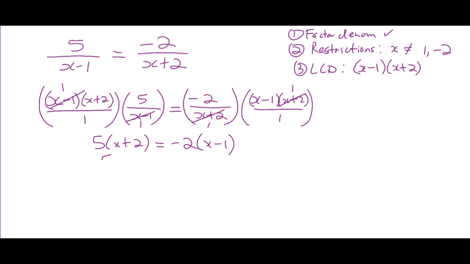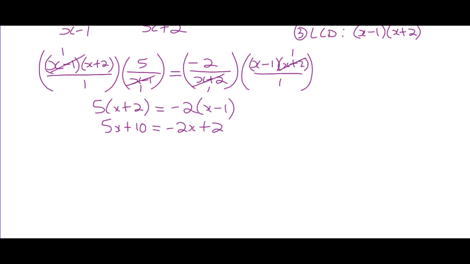So do some math. At this point, we're into familiar territory. It's just solving a straight equation. So 5x plus 10, and I'm going to add 2x to both sides, and subtract 10, and end up with negative 8 over 7.